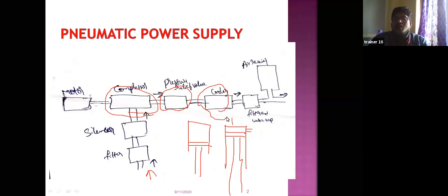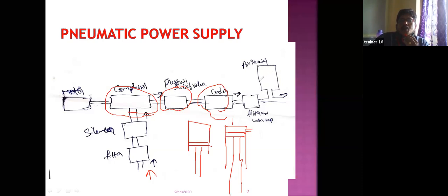When it enters the cooler, some of the particles become moist. So we have to arrange a filter and water trap. If there are any moist particles in the compressed air, they will come out here. And then this is the compressed air receiver.